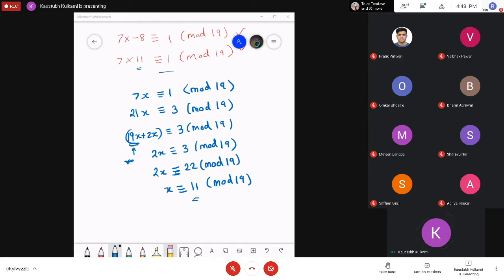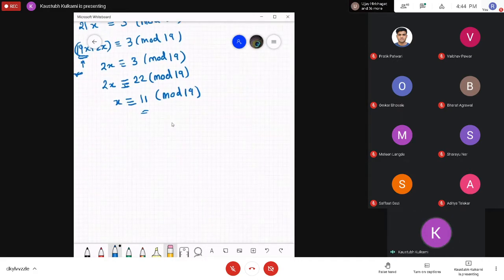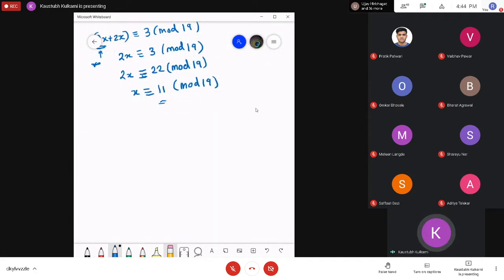Now this is how we found the inverse. This approach can also be used to solve the equation for numbers other than 1 on the RHS.